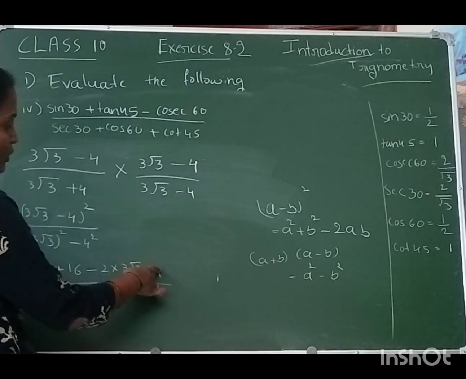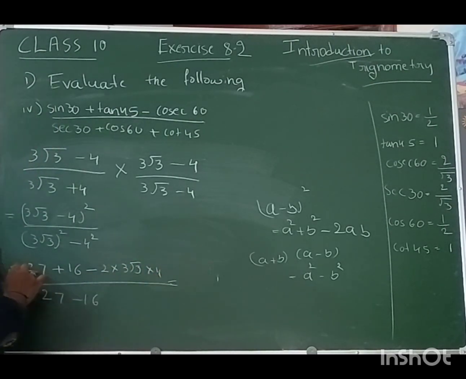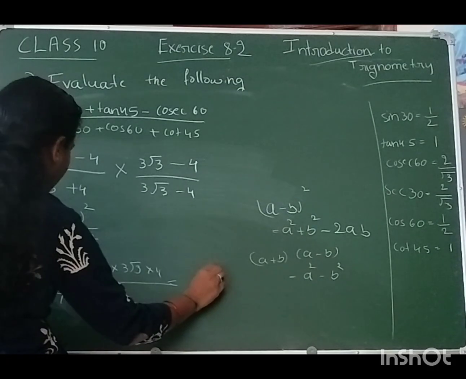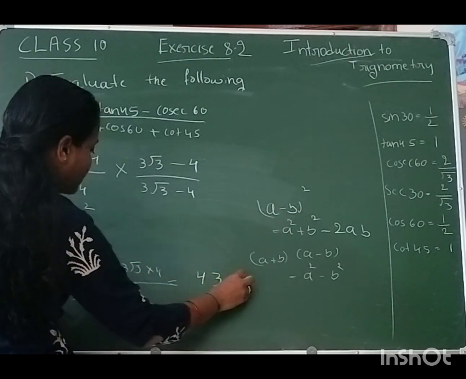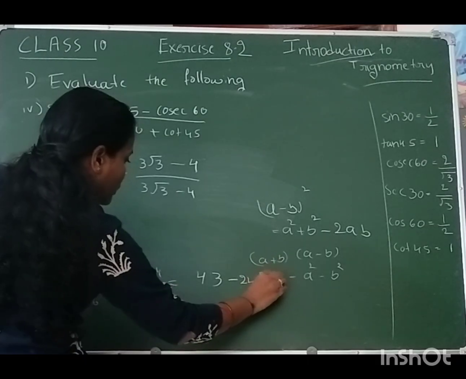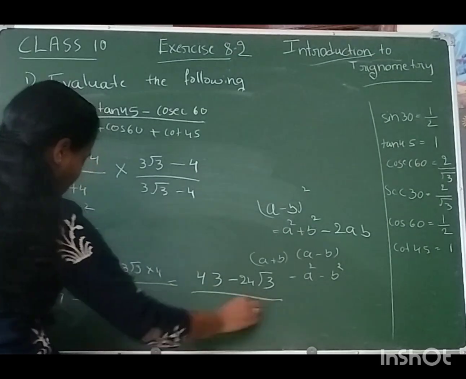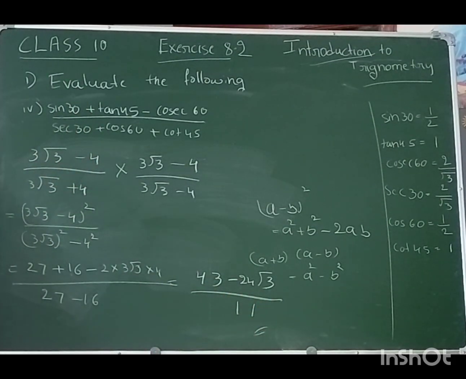So we'll multiply this to get the answer. 27 plus 16 we'll get as 43, minus the product of the terms, which is 24 root 3, and then the denominator 27 minus 16 we'll get as 11. This is the answer for the fourth question.